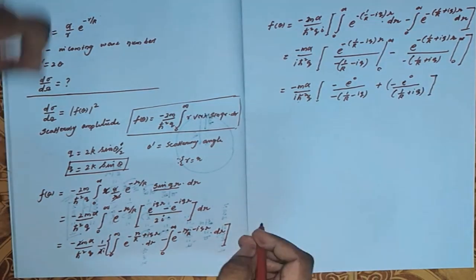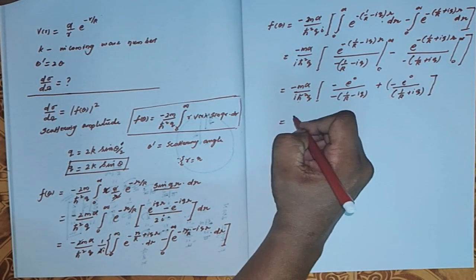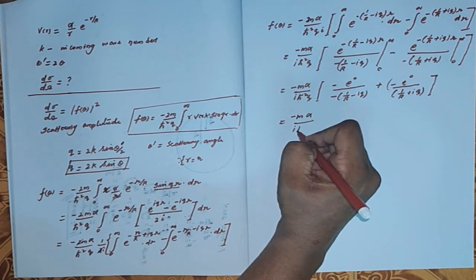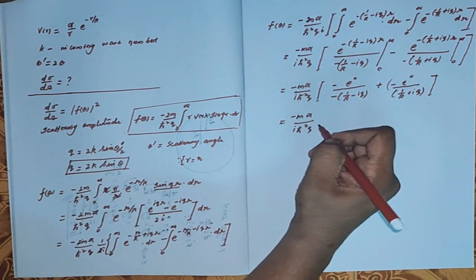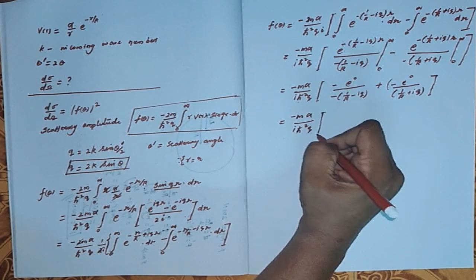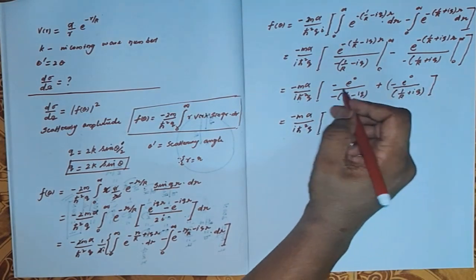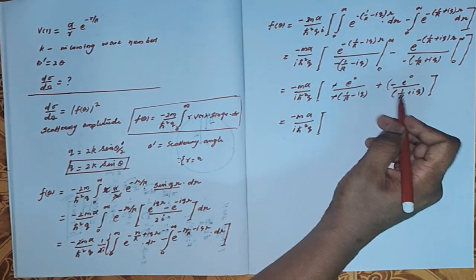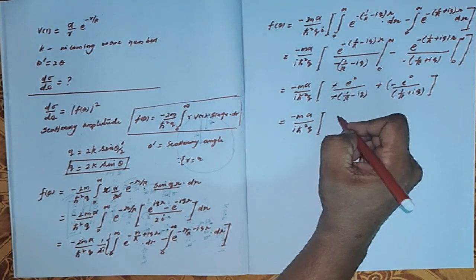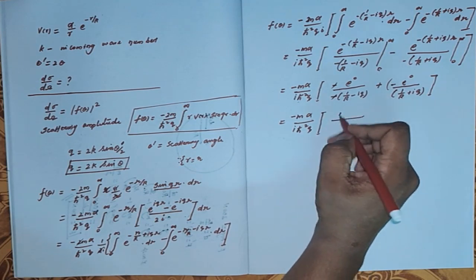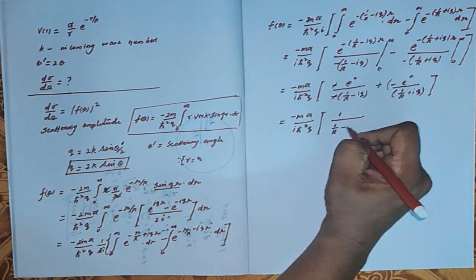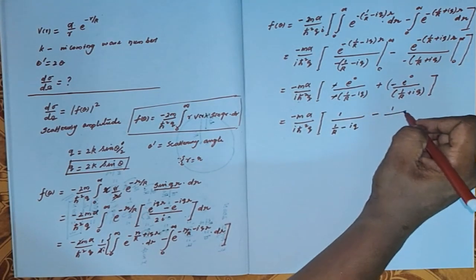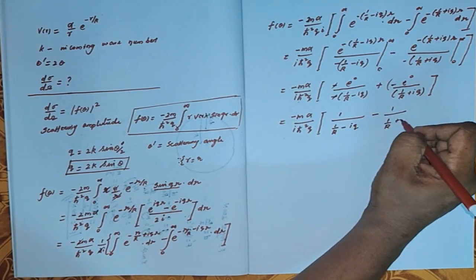Now what we can do: minus m alpha divided by i h square q, this would be equal to, you can cross multiply this term and cancel this minus, it will give plus; here plus into minus is minus. Cross multiplying, e power 0 is 1, so one more step: 1/(1/r minus iq), here it will give minus 1 divided by (1/r plus iq).